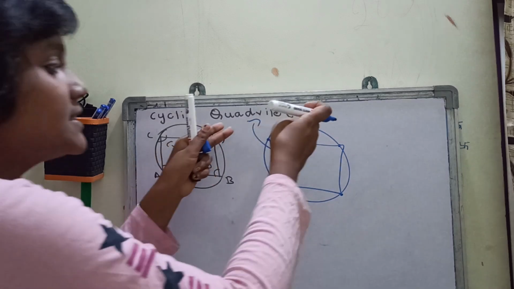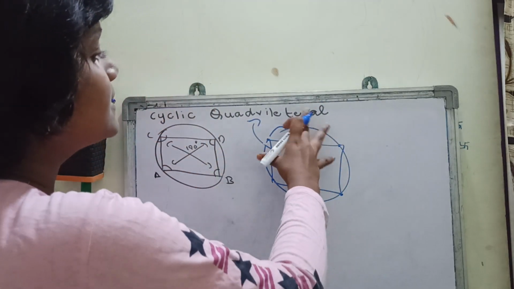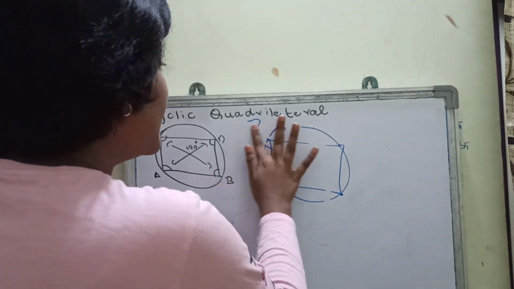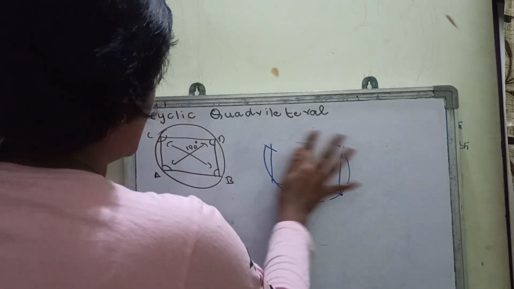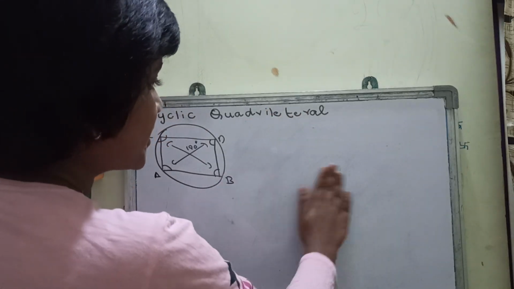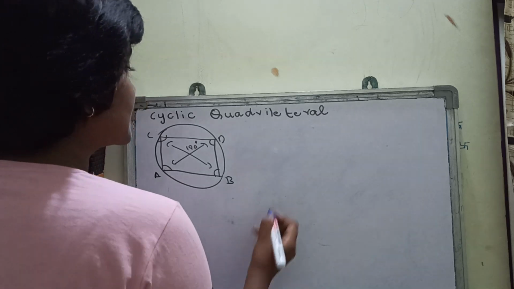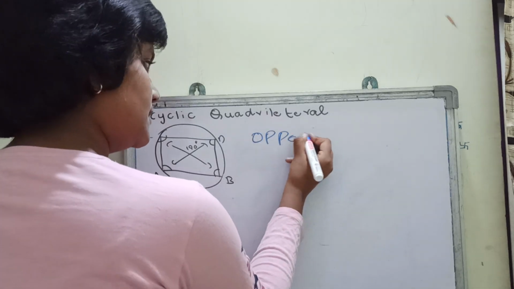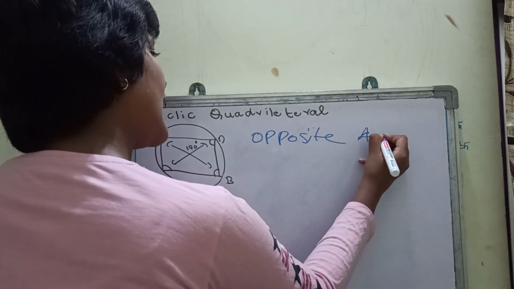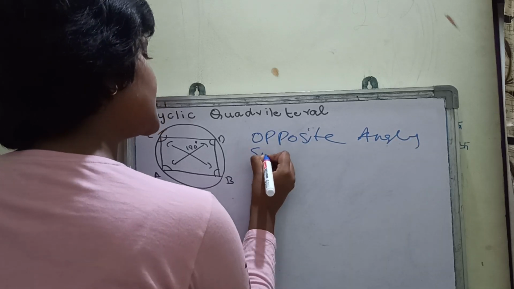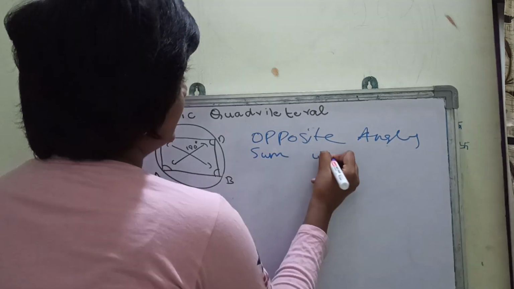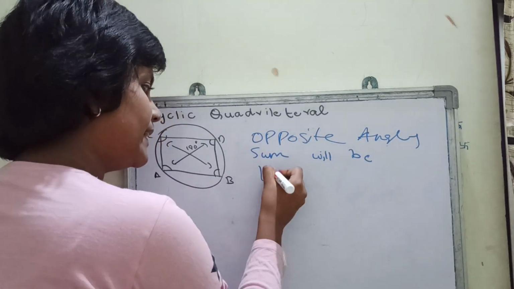If the vertices touch the circumference of a circle, then it is a cyclic quadrilateral. What is the specialty of cyclic quadrilaterals? The opposite angles sum will be 180 degrees.